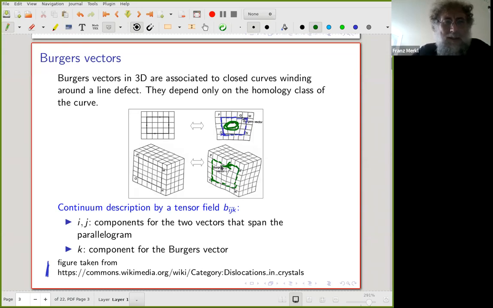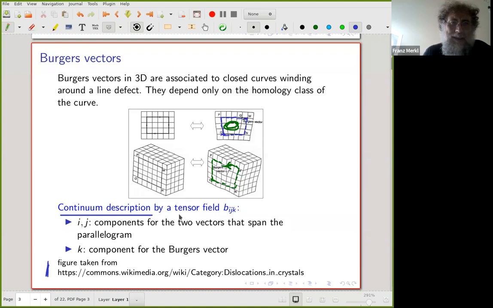Now, in order not to describe the precise microscopic structure of our crystal, in the model we use, we look at a continuum description of Burgers vectors, not looking at individual dislocation lines, but a continuum description of these dislocation lines.